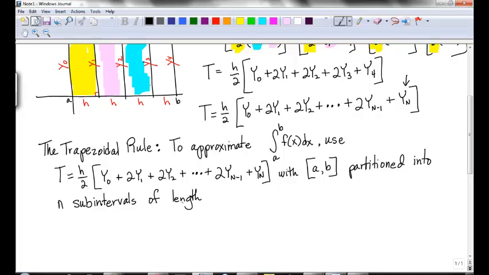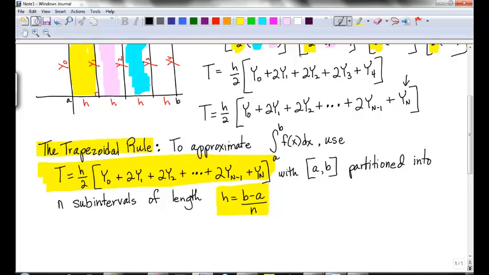Now, if I gave you the a and the b and told you how many subintervals there are, you ought to be able to figure the height. The height is, take the difference between the a and the b, it's actually going to be b minus a, and then divide it by the number of rectangles or subintervals. So this is your main formula. If they don't tell you what the height is, but if they give you the a, this vertical line, subtract them, divide by the number of subintervals.